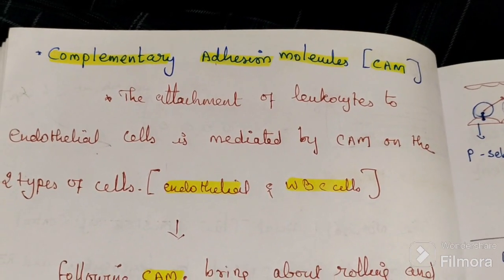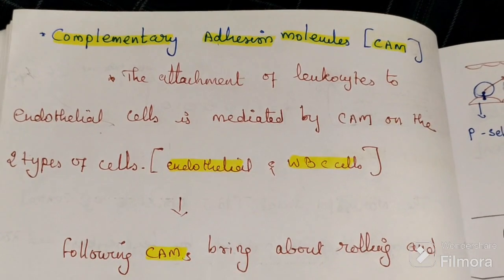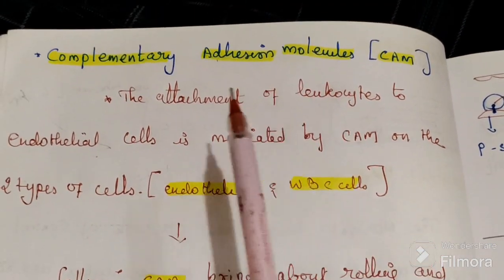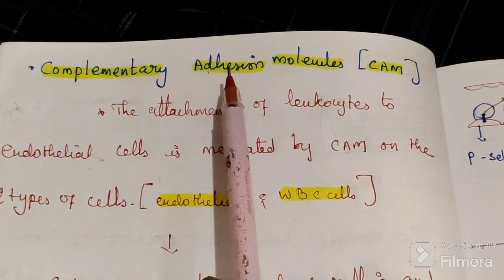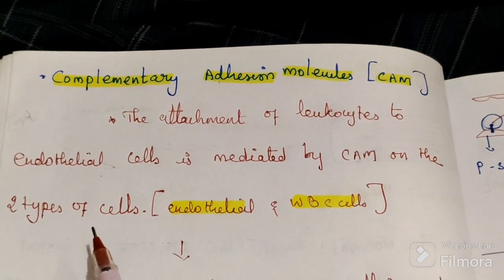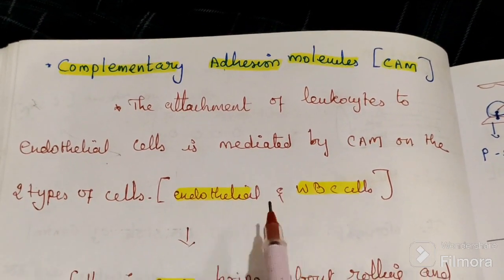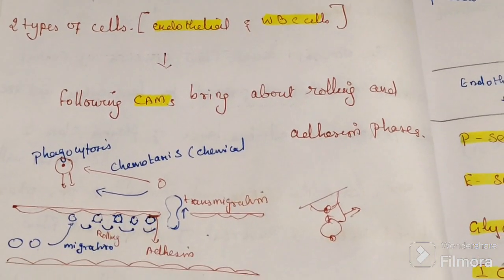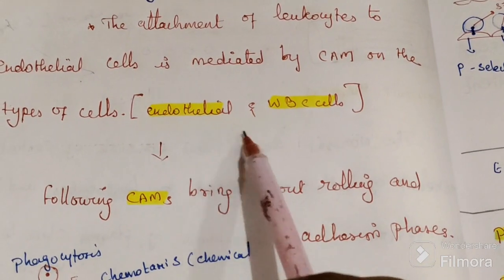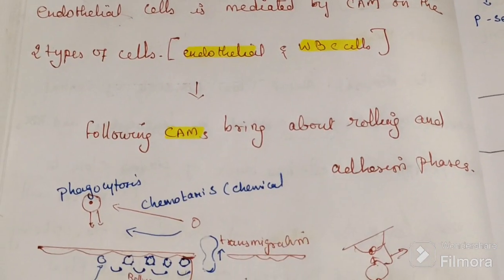The attachment of leukocytes to endothelial cells is mediated by receptors called cell adhesion molecules. We know two types of cell: one is the WBC, the second is the endothelial cell. Both have receptors, so bonding will occur between the WBC and the endothelial cell. After that the rolling process will occur.